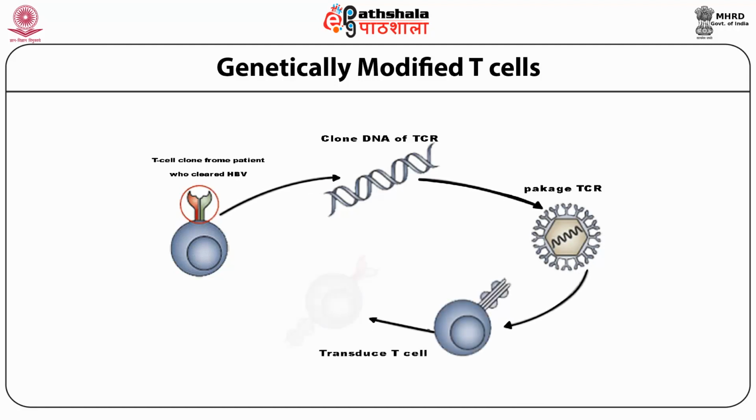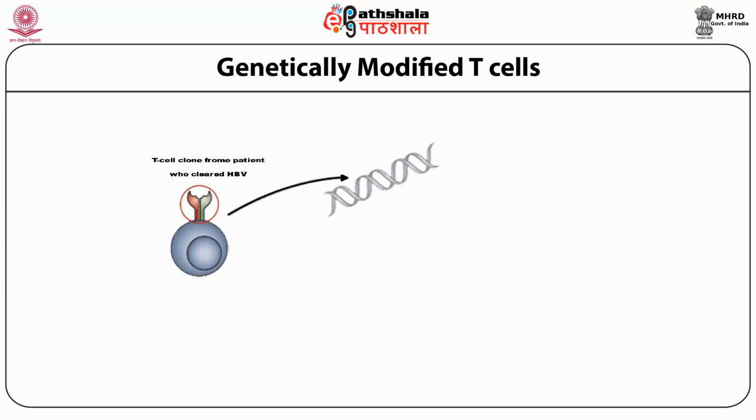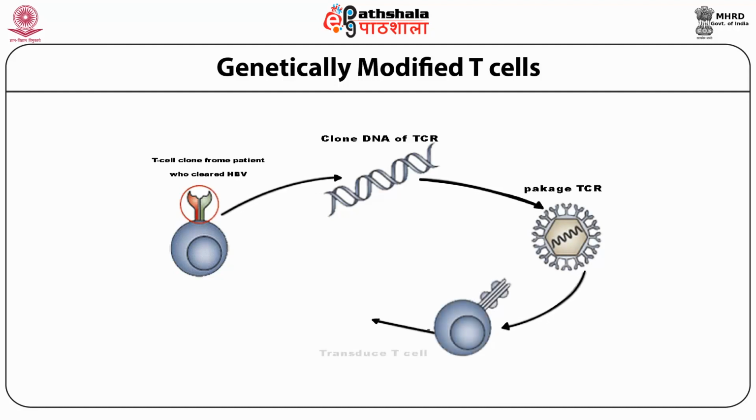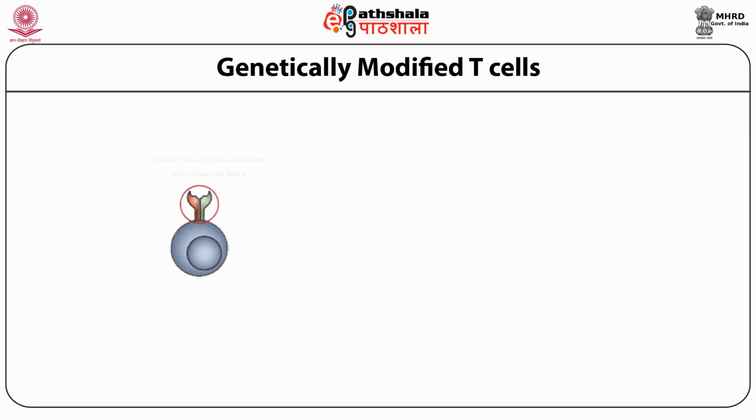Genetically modified T cells are cultured and made through a T cell clone from a patient who is already infected with HBV. Now this cloning of TCR DNA, or T cell receptor DNA, is packaged into another virus, and this virus, which carries the genetically modified T cell receptor, is transduced into normal T cells.